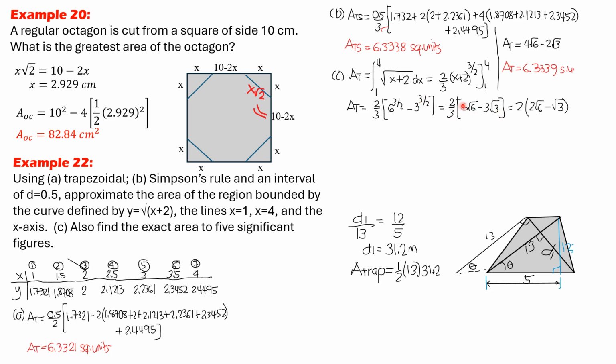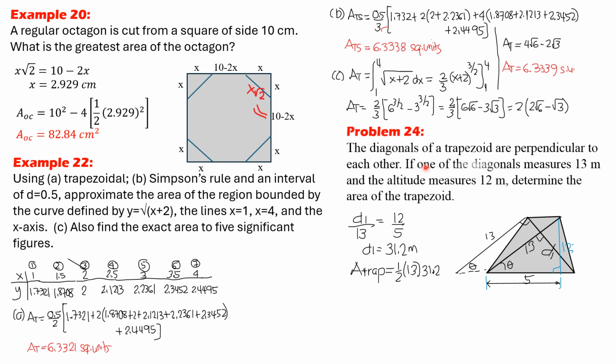Distribute 1/3. So we have 2 quantity 2 square root of 6 minus square root of 3, and that is 4 square root of 6 minus 2 square root of 3, to be exact. Then calculating using your calculator, in decimal, 6.3339 square units.